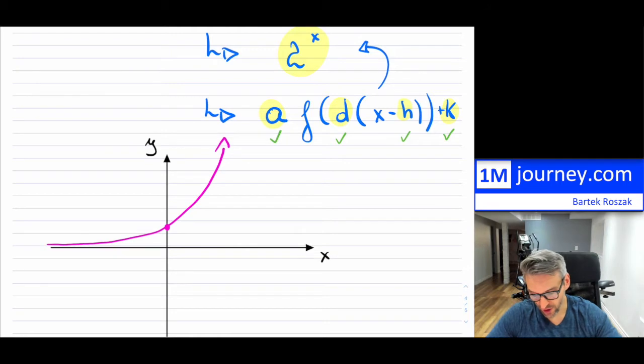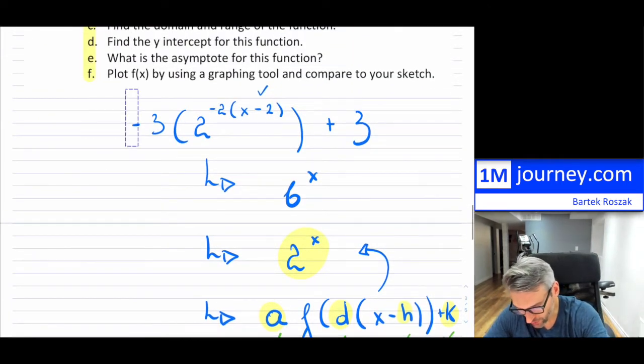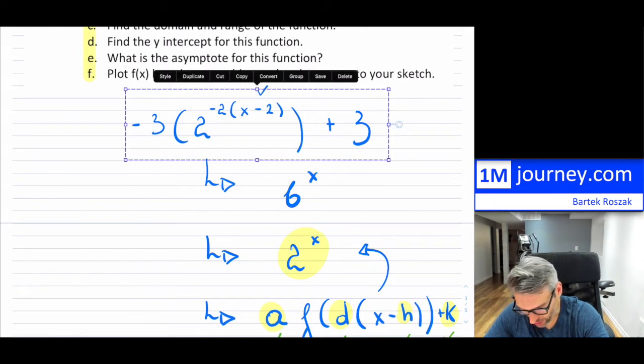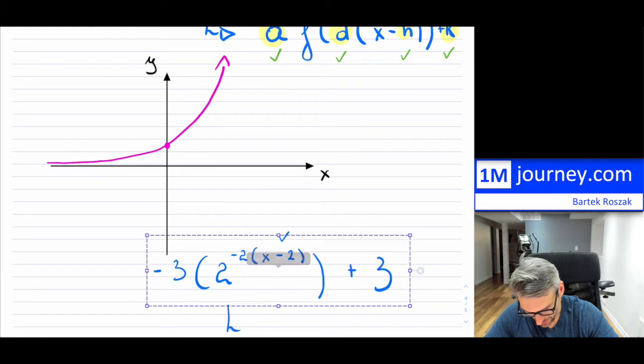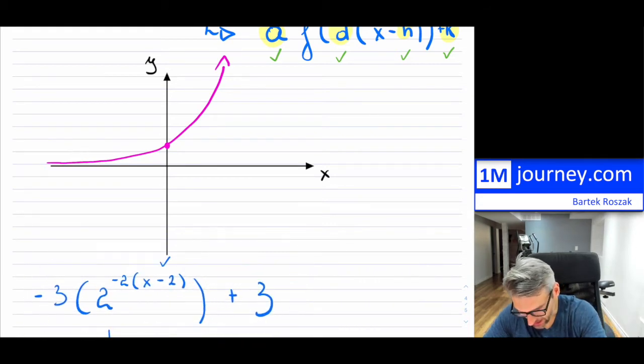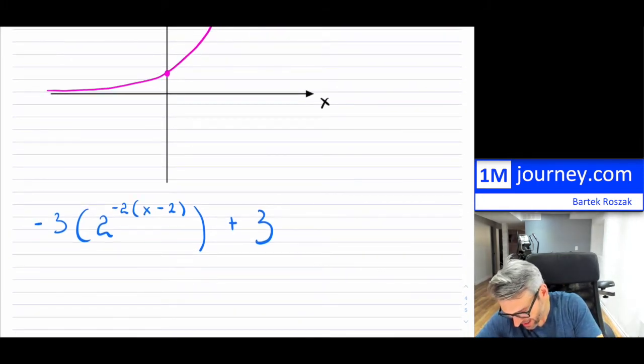So first of all, what is A? If I take this, I'm going to copy it for myself. I'm going to bring it right here, paste it. And I'm going to match it with the transformation. My A, this is my A, so it's -3.